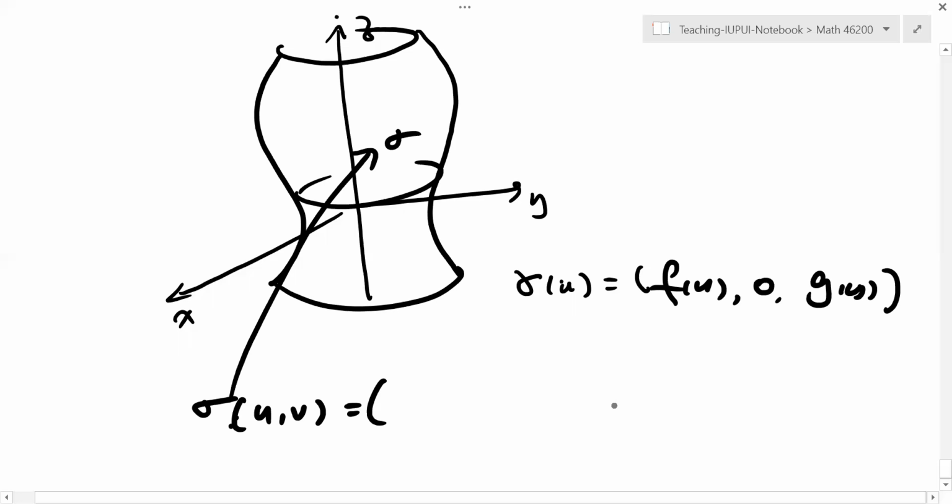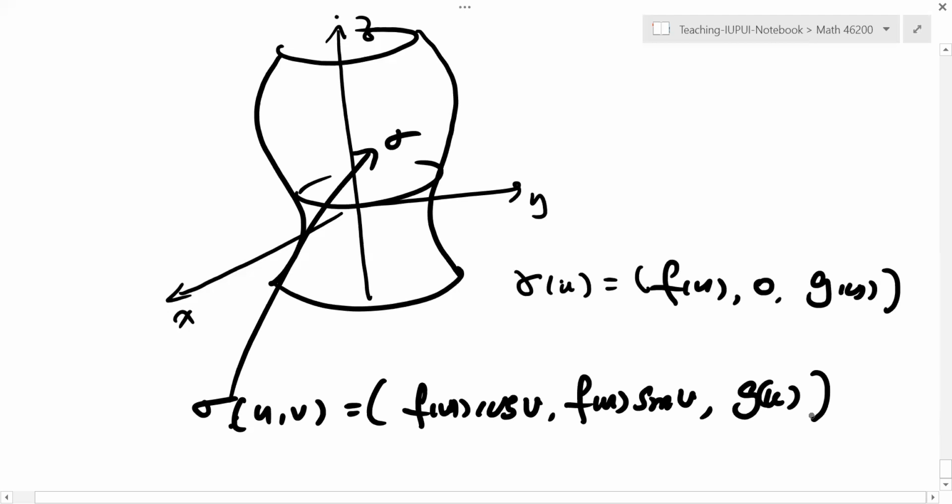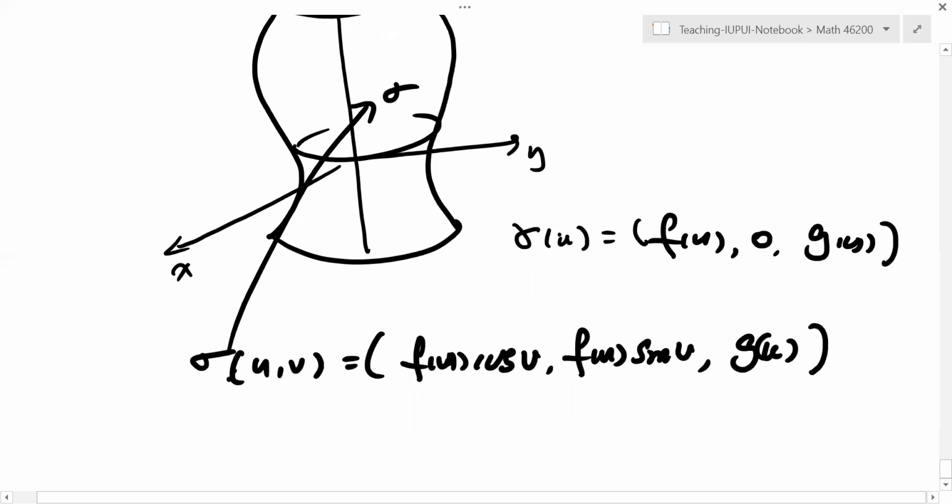You have to describe a cosine. So F u cosine v, F u sine v, and G u. And then you rotate with v. So when you fix u, you get the same level.